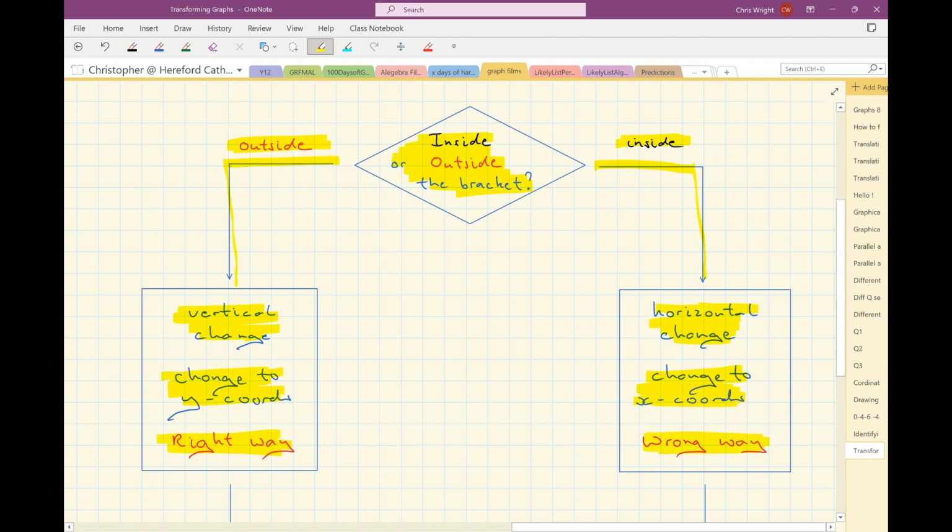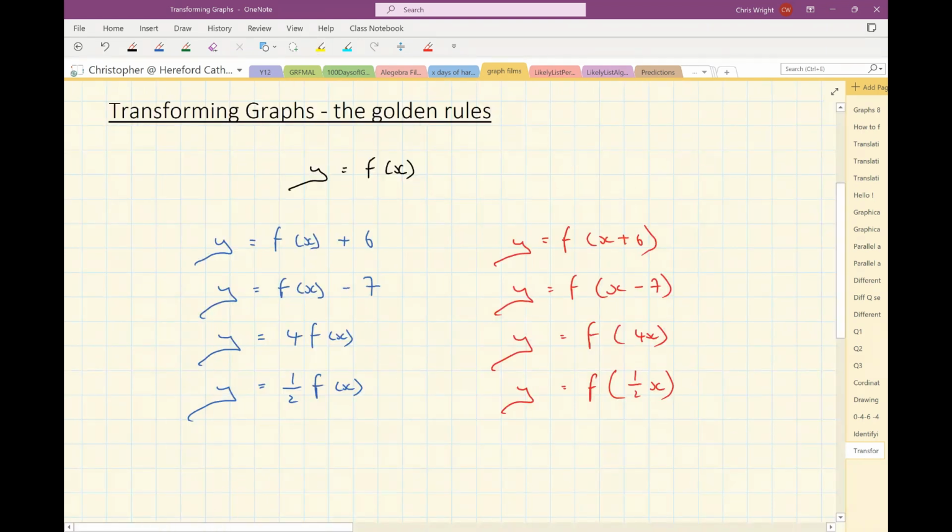Now let's explore the second and final question that you need to ask. The second and final question that you need to ask is this change an addition or subtraction change, or is it a multiplying change? In these cases, the change is an addition or a subtraction change.